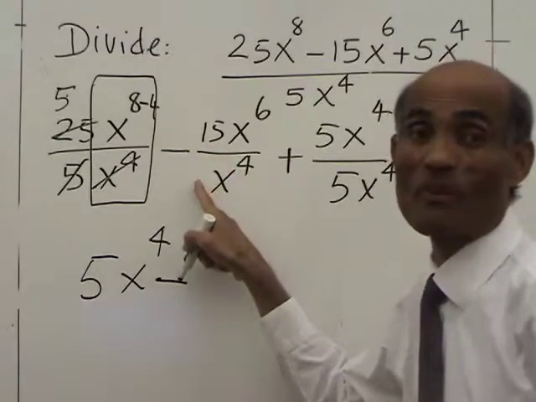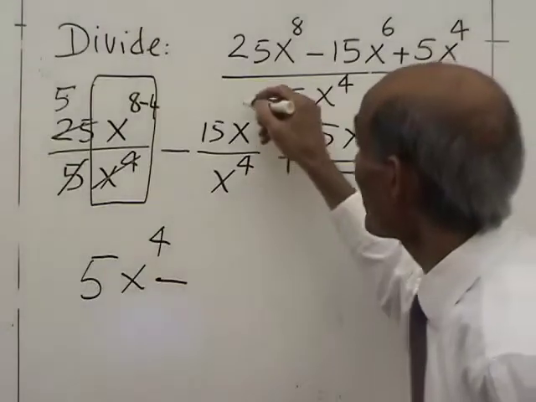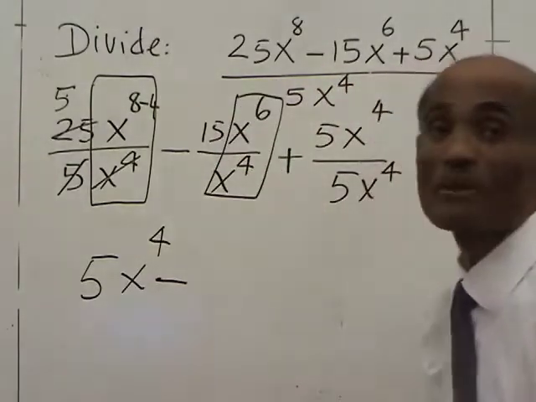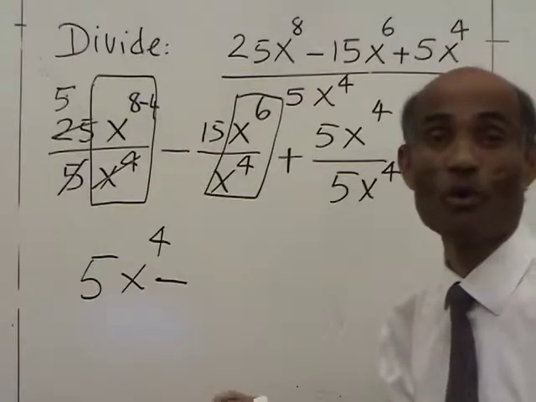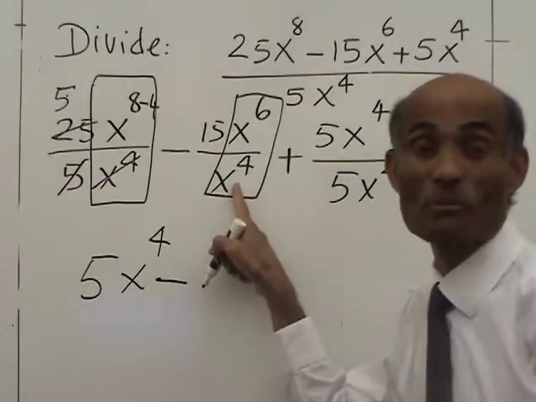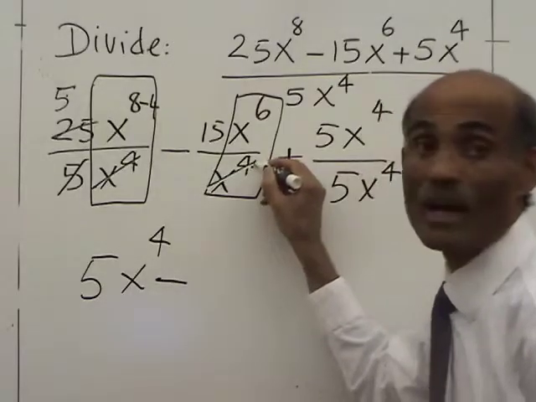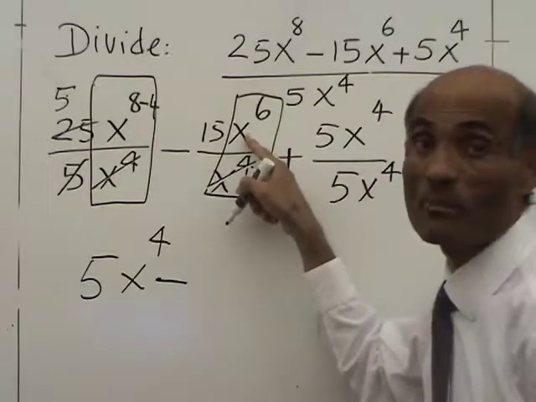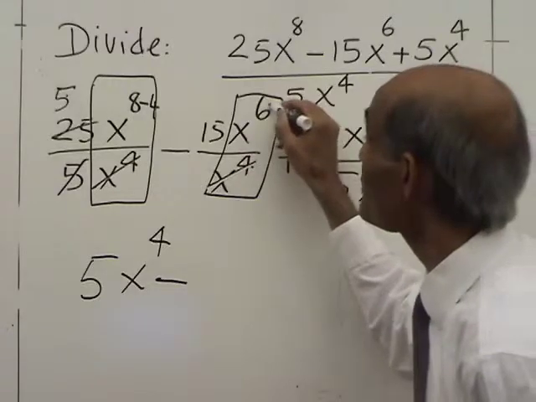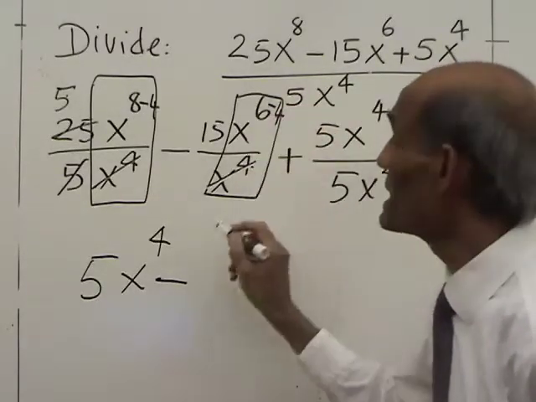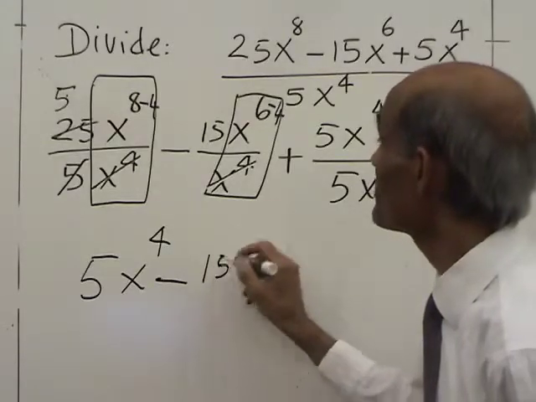15, there is no number on the denominator, but what is this? X to the power of 6 divided by x to the power of 4. Denominator power is smaller, so we cancel that, and the numerator now becomes x to the power of 6 minus 4. So what is my numerator? Numerator is 15.